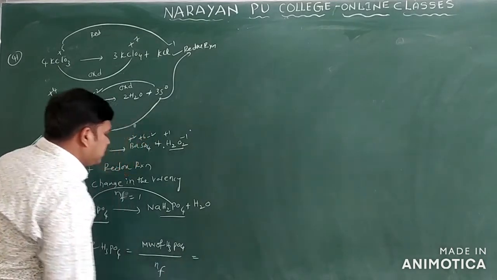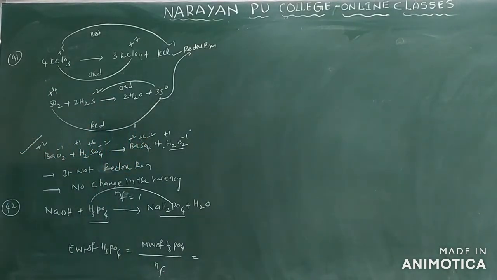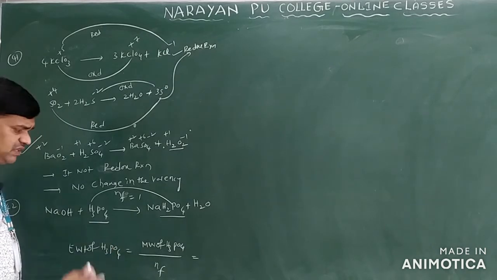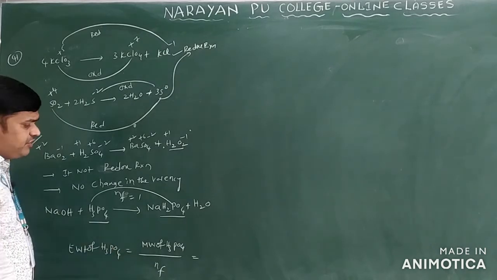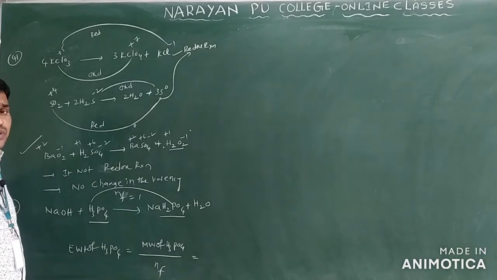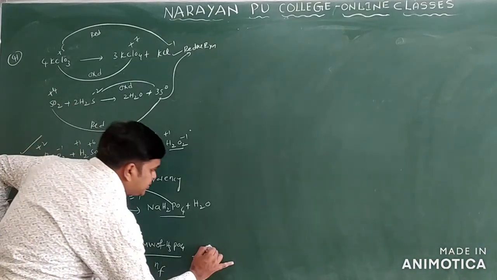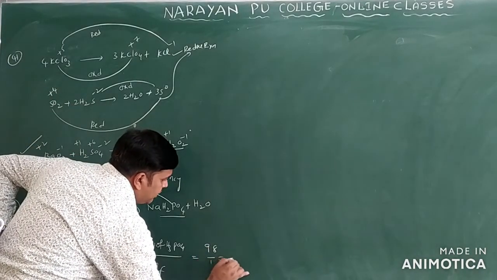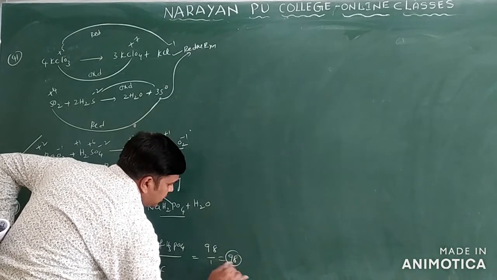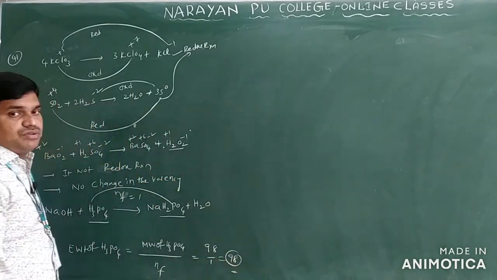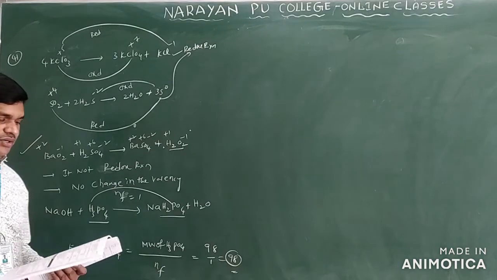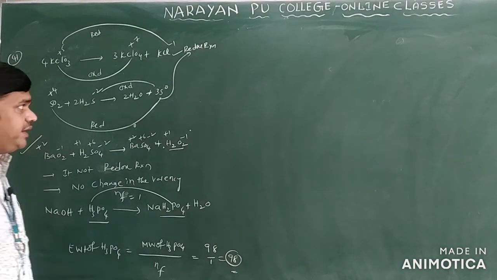You can find out the molecular weight of this H3PO4. Hydrogen we have 3, plus phosphorus we have 31, 34, plus here 16 into 4, 64, 34 plus 64, how much here? 98 by 1, that is equal to 98 only. So this is the answer for question number 42. What is the answer? 98 only.